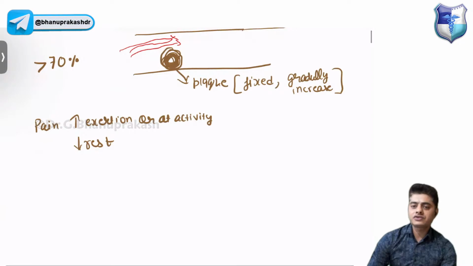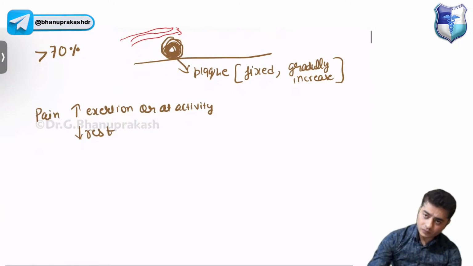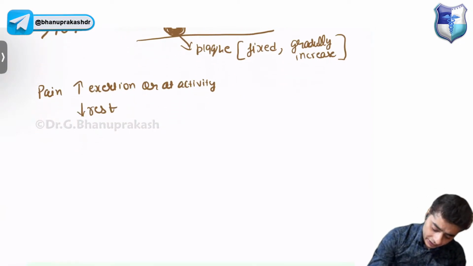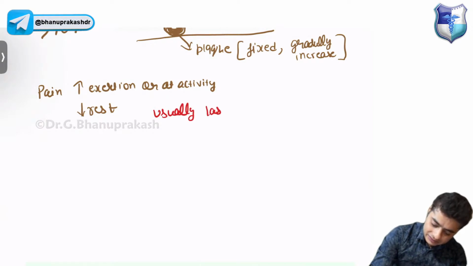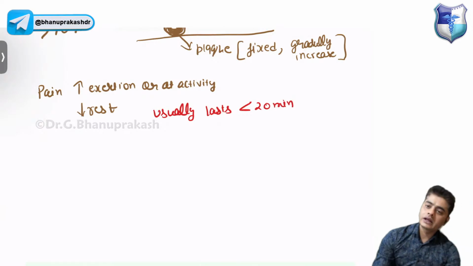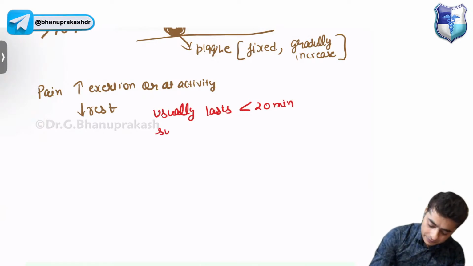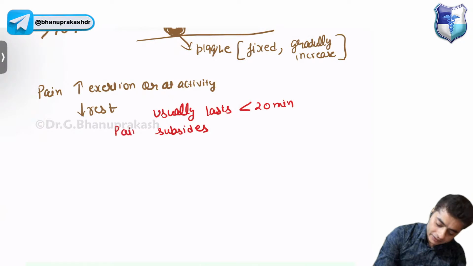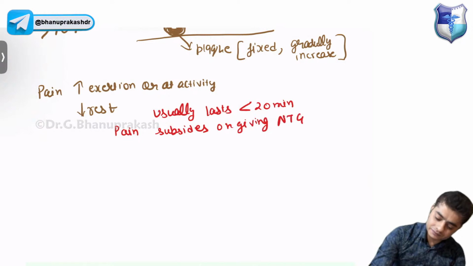Now, what is the characteristic of stable angina? This pain usually lasts for less than 20 minutes, and this pain subsides on giving NTG.